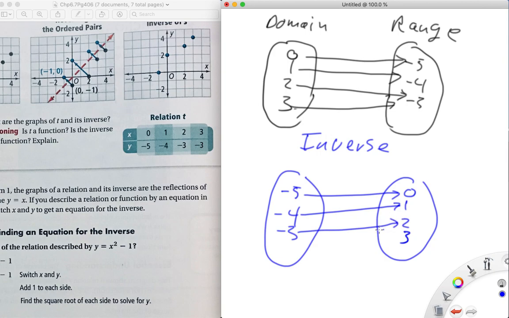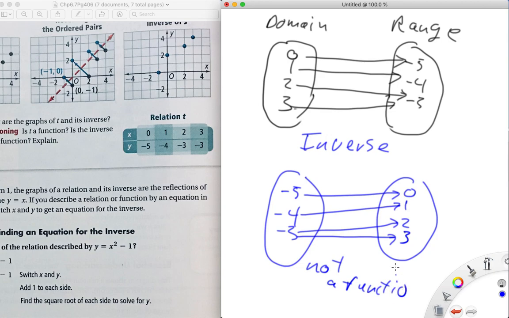And then we have this guy. Now we have 1 x with 2 y's, as opposed to 2 x's with 1 y. So in this case, we don't have a function. It wouldn't pass the function rule.